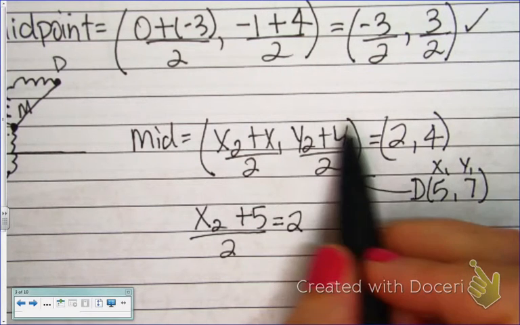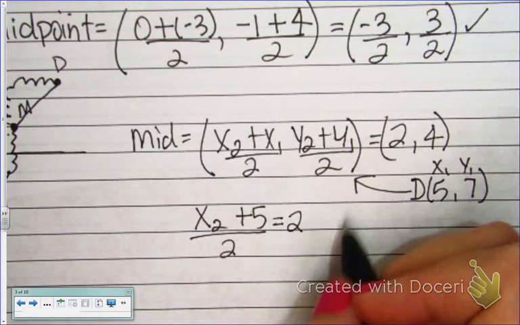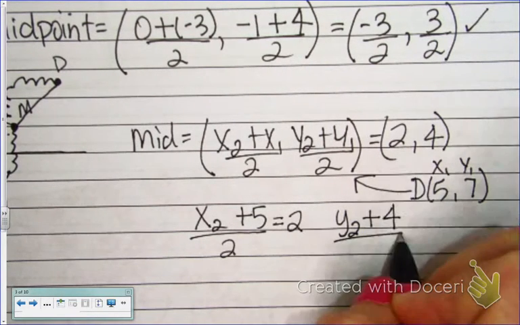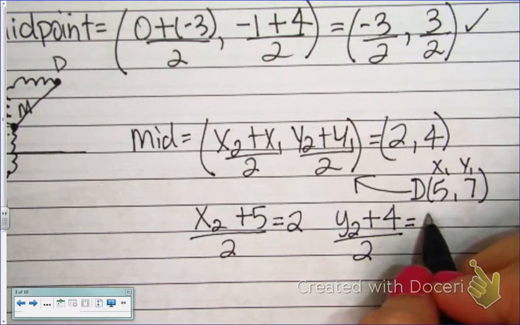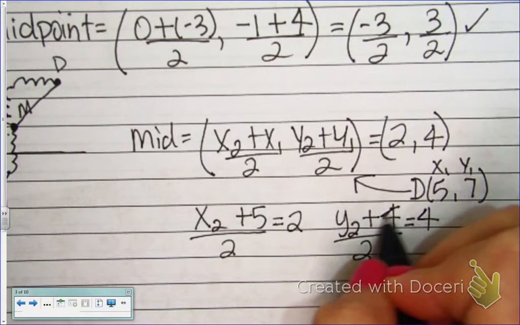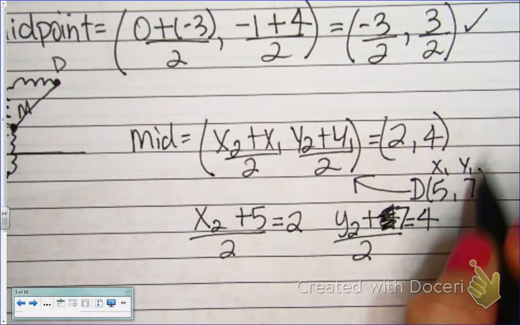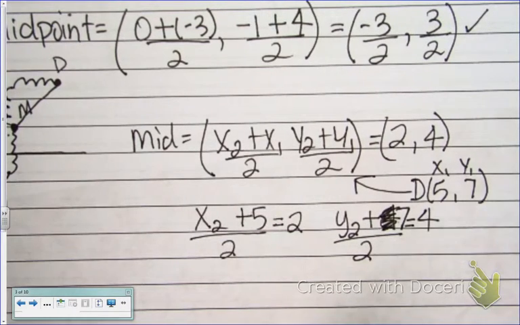This is my y coordinate, which we already know what it is, so we're going to plug our information into that. So I have y2 plus 4 divided by 2 equals 4. Excuse me, I'm going to change that. Sorry, that's my fault. That becomes a 7. I'm sorry. We're going to take our y1 and plug it in. Our 4 goes on the end.